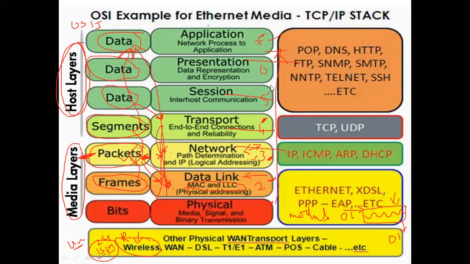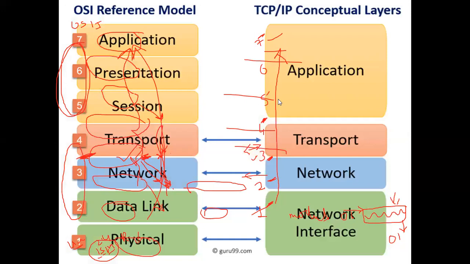So what happened then, this model was reduced to the TCP/IP model. You can understand over here that the OSI reference model is now named differently, and the task is the same, but what we did is, over here you can see what we did.